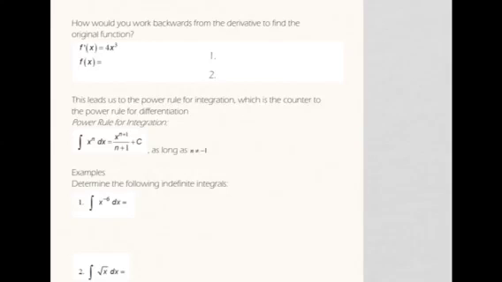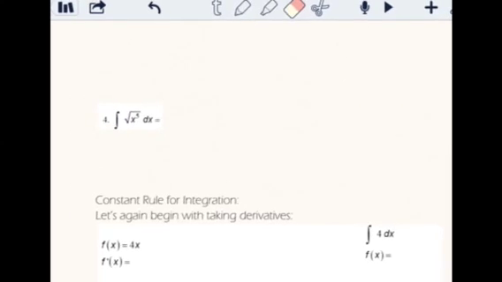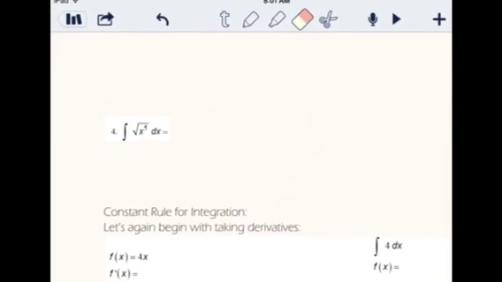Okay, so I had this written down and then I erased it. So this is x to the fourth. So again, if we literally reverse the process, it would be to add 1 to the power. So I'd keep my 4x cubed. Oh, I went to the wrong page, sorry. I would add 1 to the power, so I keep my 4x cubed, add 1 to the power. That would give you 4x to the fourth.